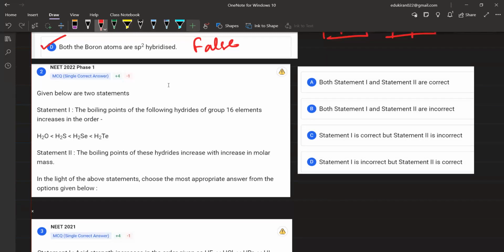Statement 2, do they mean any of the hydrides? No, the boiling points of these hydrides. These hydrides. Got it? Okay, sir.